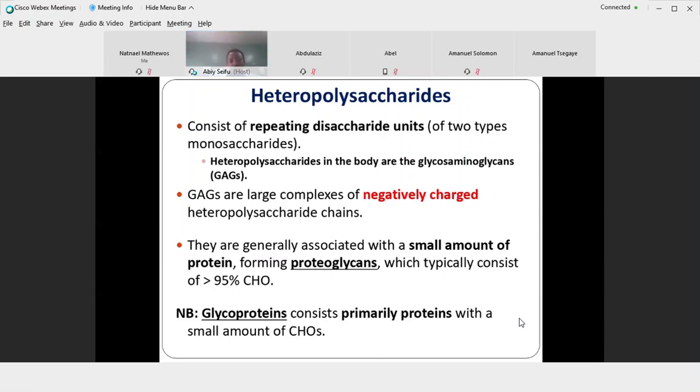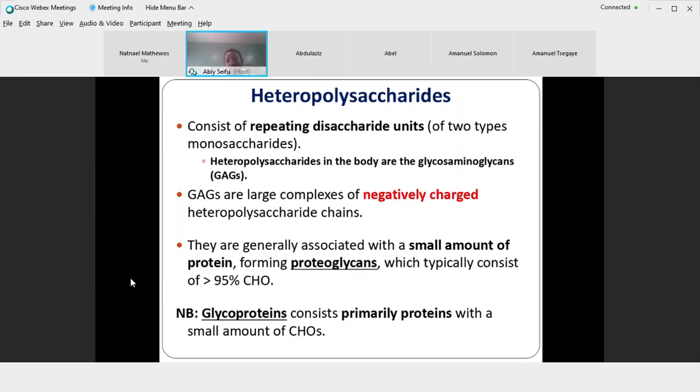And heteropolysaccharides in our body are named glycosaminoglycans or GAGs. These GAGs are highly negatively charged molecules, and mainly these carbohydrates are found associated with proteins. If the amount of protein is small, this protein moiety is small, and the compound becomes proteoglycans.